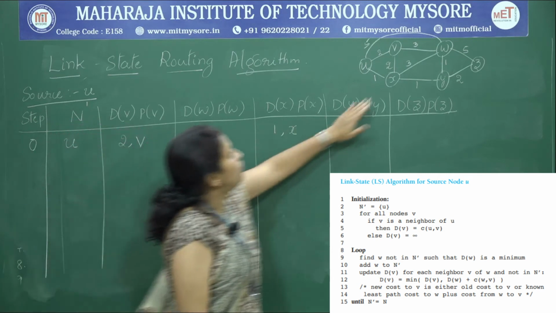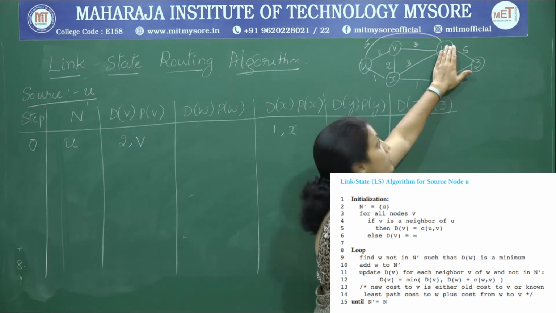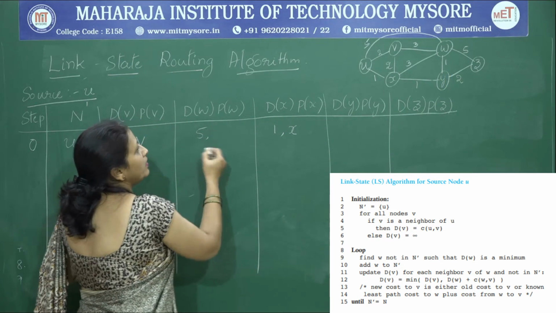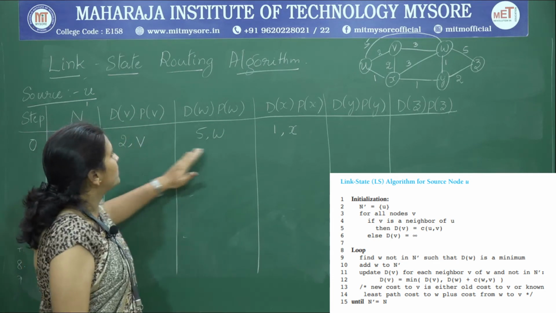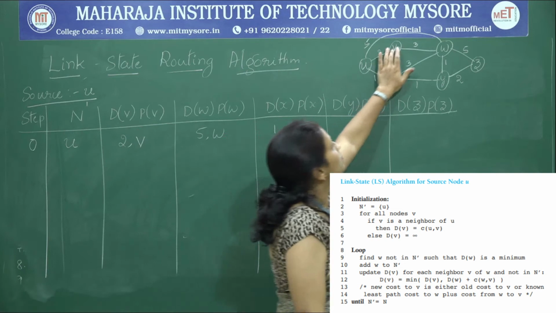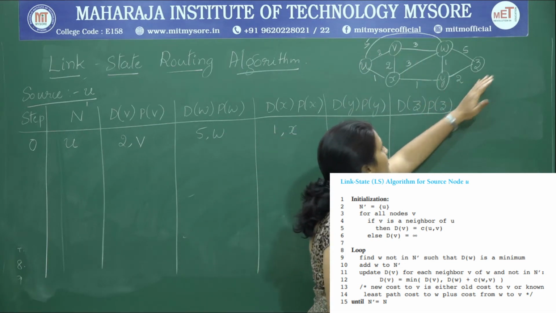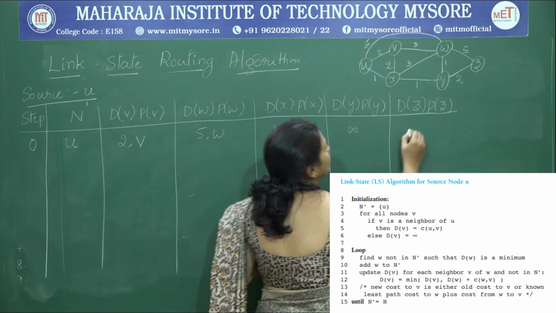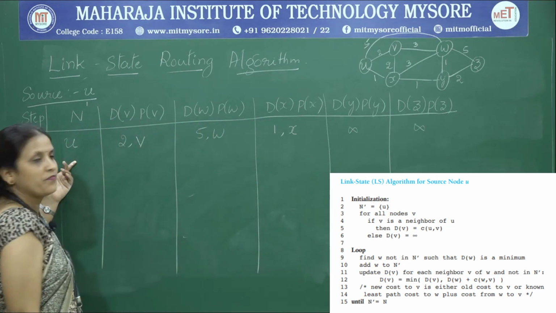D of w takes weight 5 to reach w, so d of w is 5 and it is travelling through w. These three are the direct neighbors of our source u. We cannot reach y and z directly, so those are kept as infinite at the initial state.